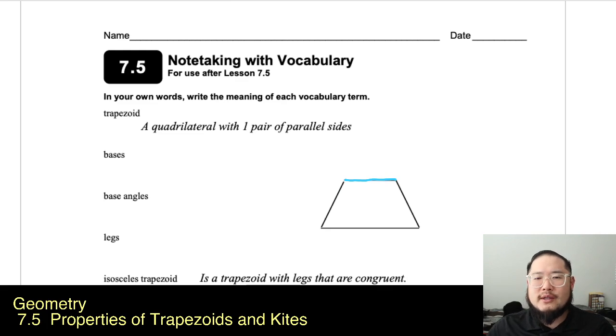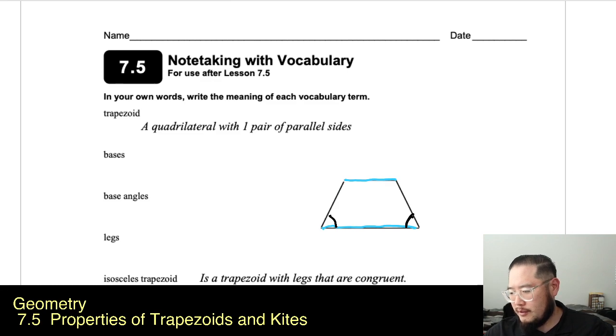Highlighted in blue, those would be the bases. Now the base angles I would represent as the two angles that I'm showing you right there. So those are going to be your base angles.